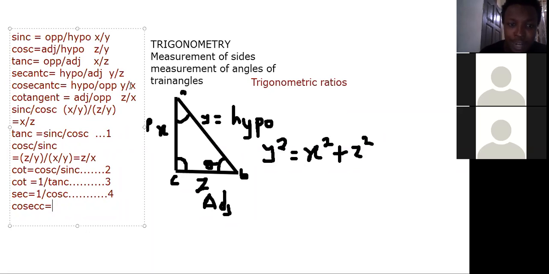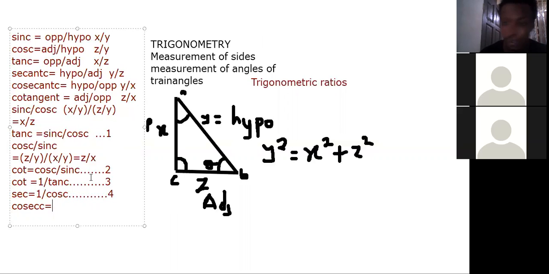This means that the reciprocal of this should give us cosec. When we find the inverse of this, it should give us this. Are you getting it? That means when we divide 1 by x all over y, we do the math and we are going to get y all over x. I hope you understand that mathematics.